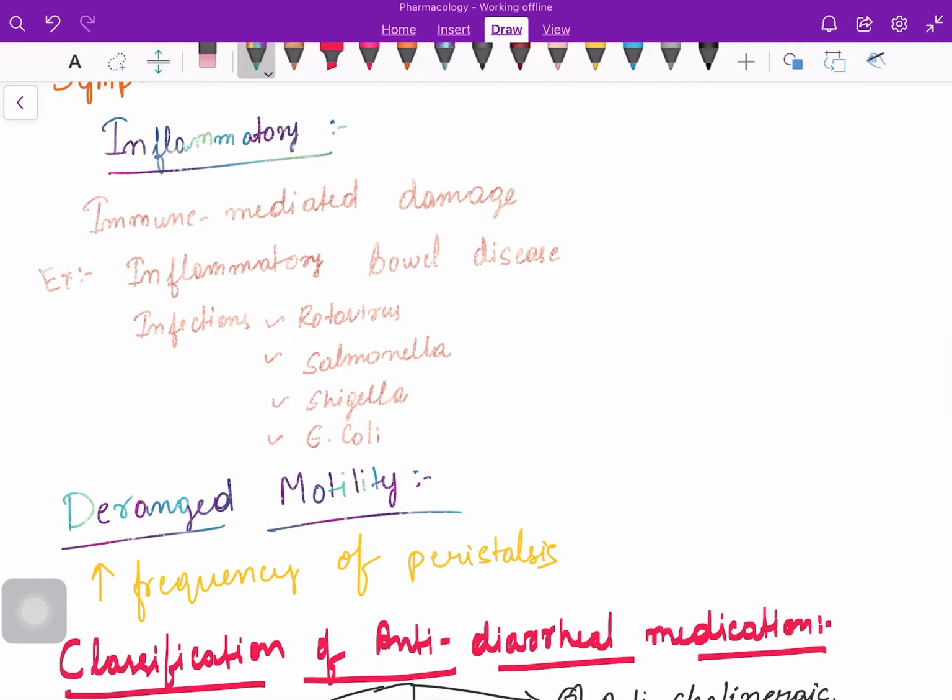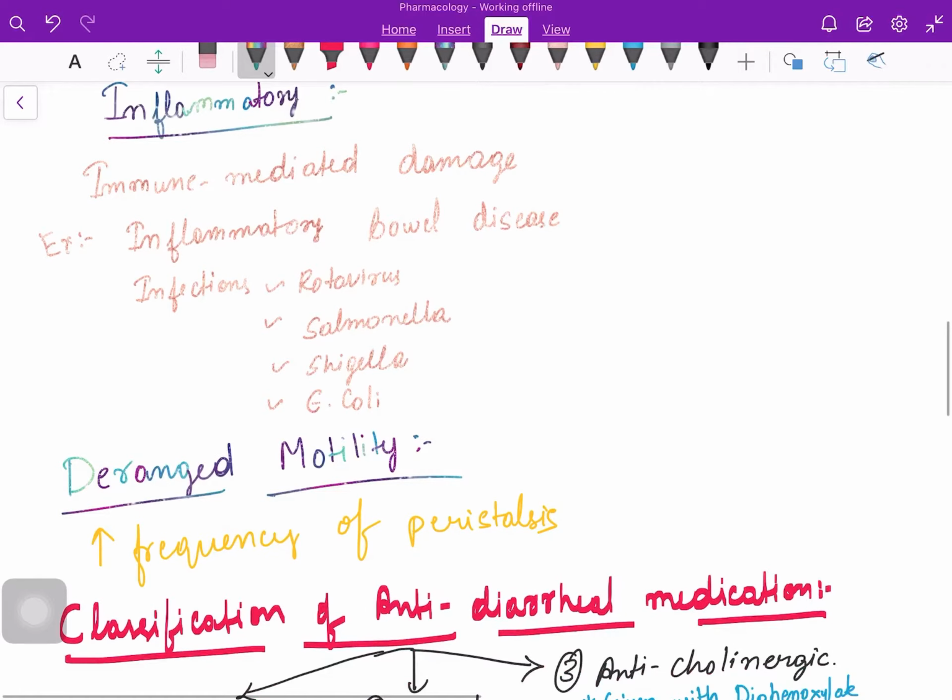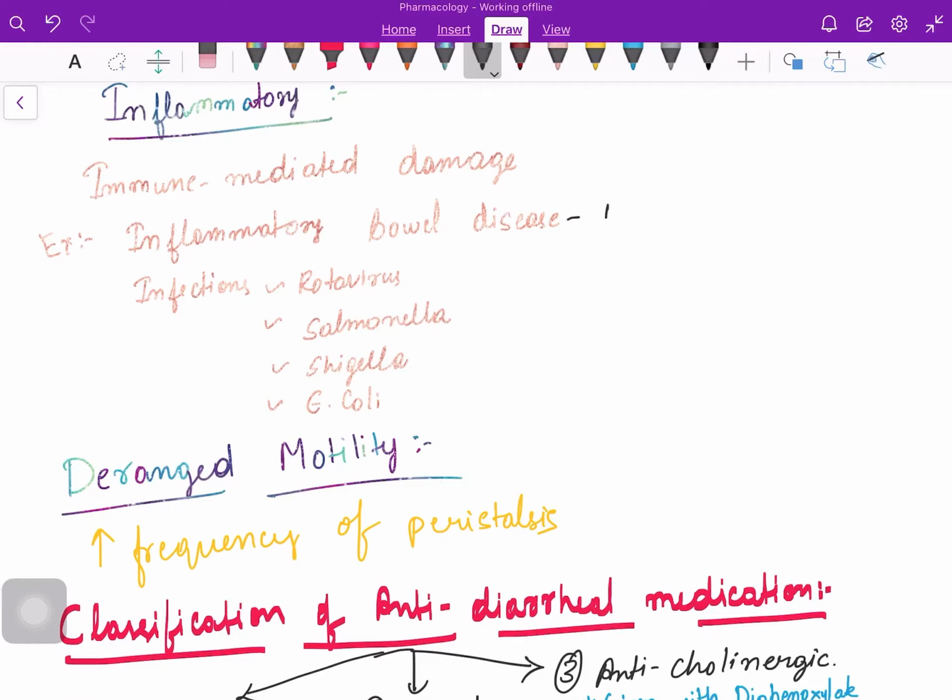Next comes the inflammatory. Inflammatory is an immune mediated damage. For example, inflammatory bowel diseases, like ulcerative disease or Crohn's disease, and also infections, like from the rotavirus, salmonella, shigella, or Escherichia coli.